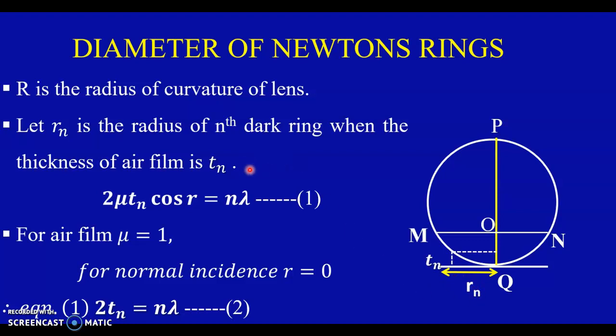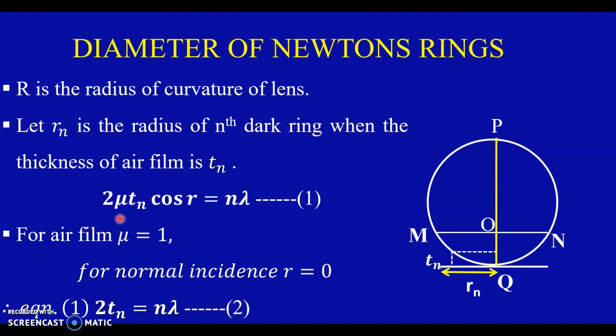Let Rn be the radius of the nth dark ring when the thickness of the air film is Tn. Applying cosine law, for a dark ring, the path difference 2 mu Tn cos r is equal to n lambda. Instead of t, I write Tn because t is not a constant.